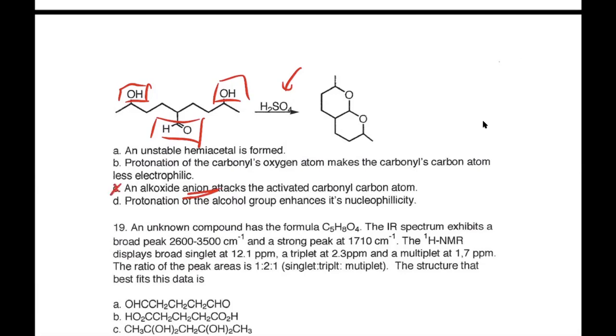Very good job. Right away, we can knock that out because there's never going to be a point where we're going to form an alkoxide anion. It's definitely going to be the attack of these hydroxy groups, okay? And not an alkoxide anion.